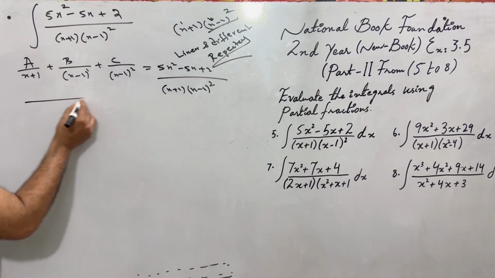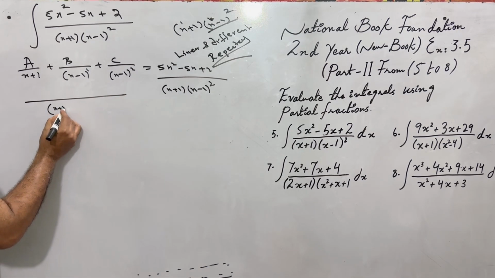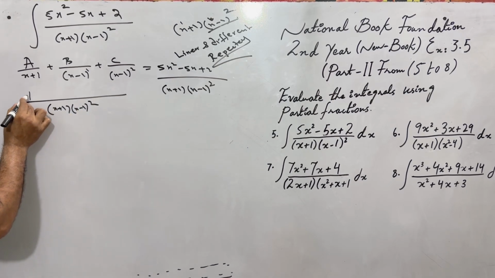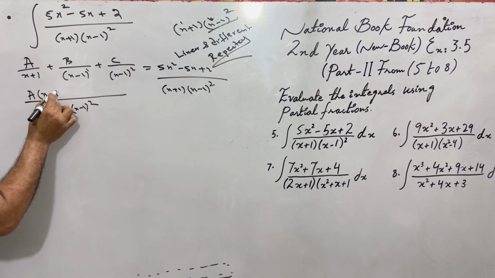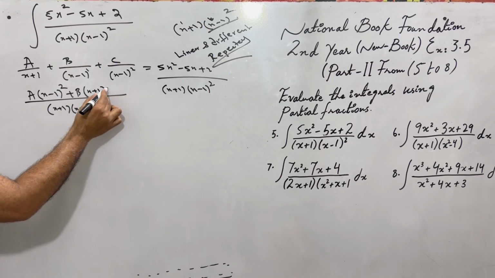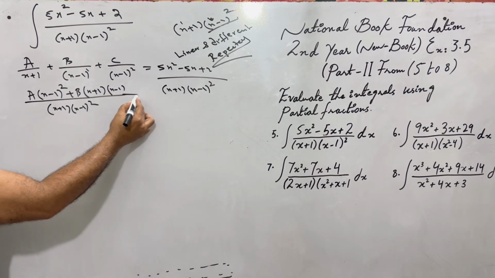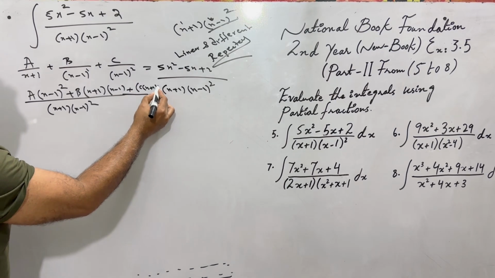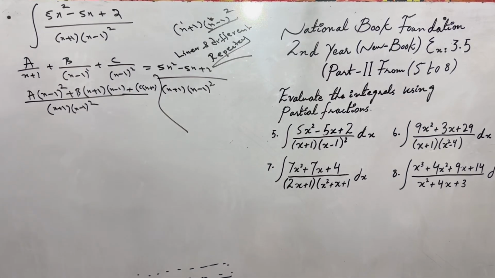Taking LCM, that is (x + 1)(x − 1)², our original denominator: A times (x − 1)² plus B times (x + 1)(x − 1), plus C times (x + 1). Let me write in a good space.